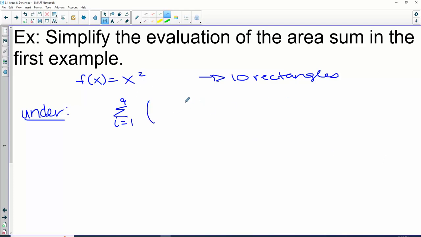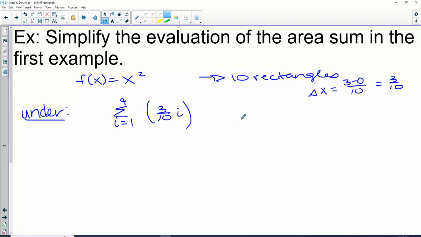Alright, when we did these, we went from 0 to 3 with 10 rectangles, so 3 minus 0 over 10, the change in x is 3 tenths. So you're adding up multiples of 3 tenths: the first x is 3 tenths, the next is 6 tenths, 9 tenths, and so on.